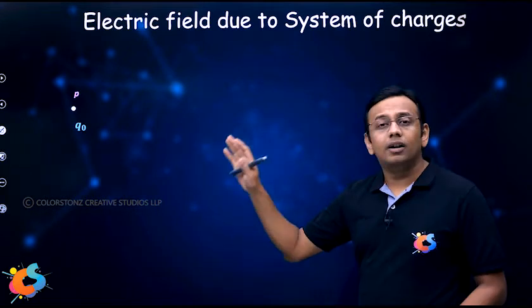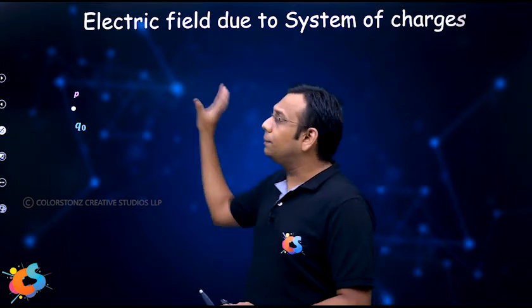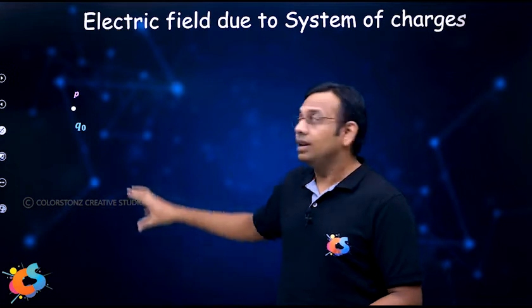So how do we approach here? What do we do? Let's try to see the system first. Suppose that we have a test charge Q naught kept at some point P. Now we are saying that if there are multiple charges in the system, then this point charge will experience a force due to all of them.